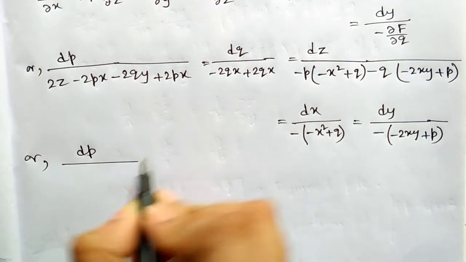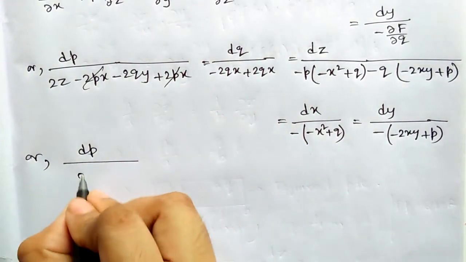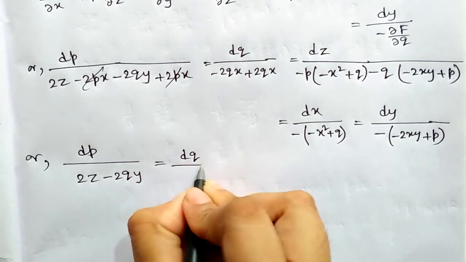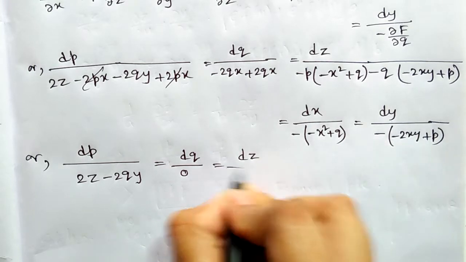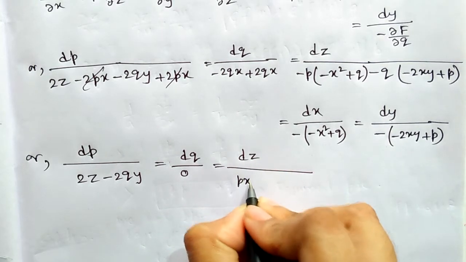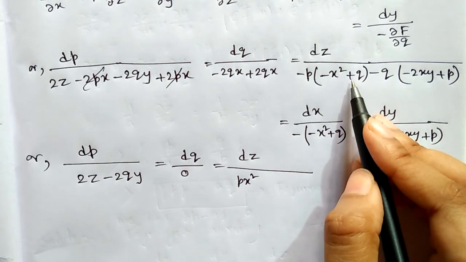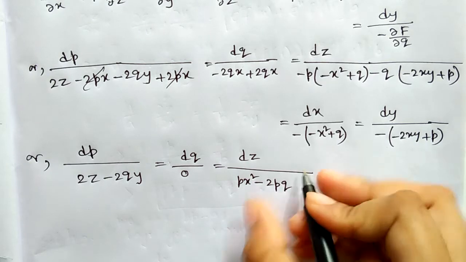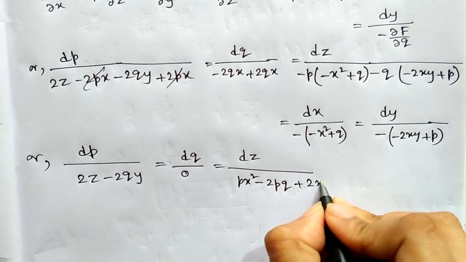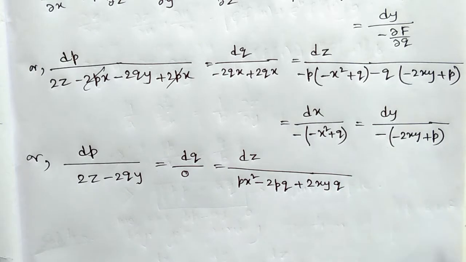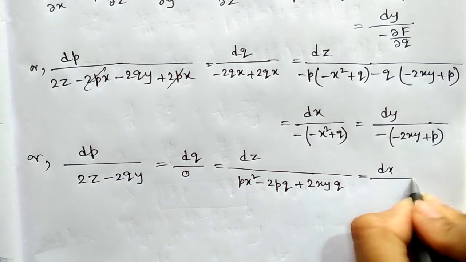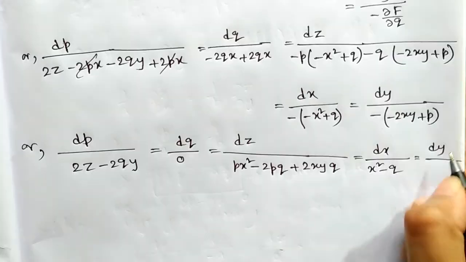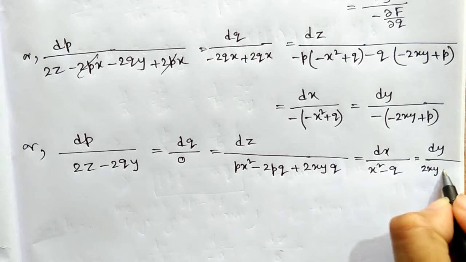Then simplifying this, we get 2z minus 2qy equal to dq by 0 equal to dz by px square minus pq, that is minus 2pq plus 2xyq, dx by x square minus q, dy by 2xy minus p.